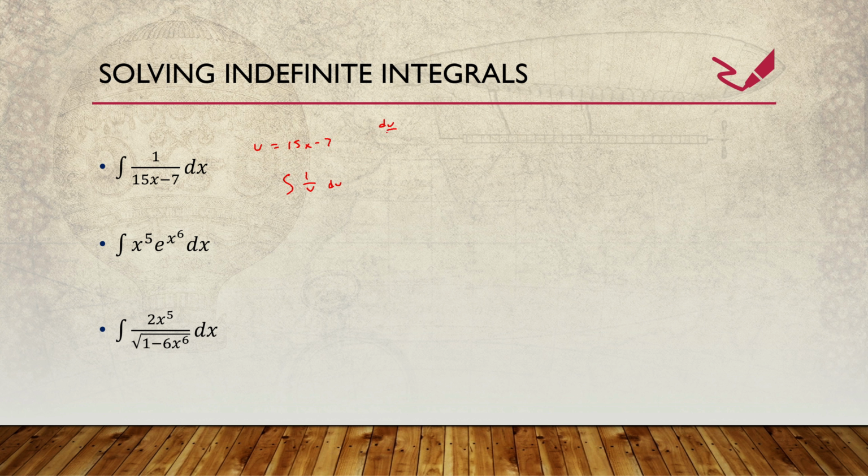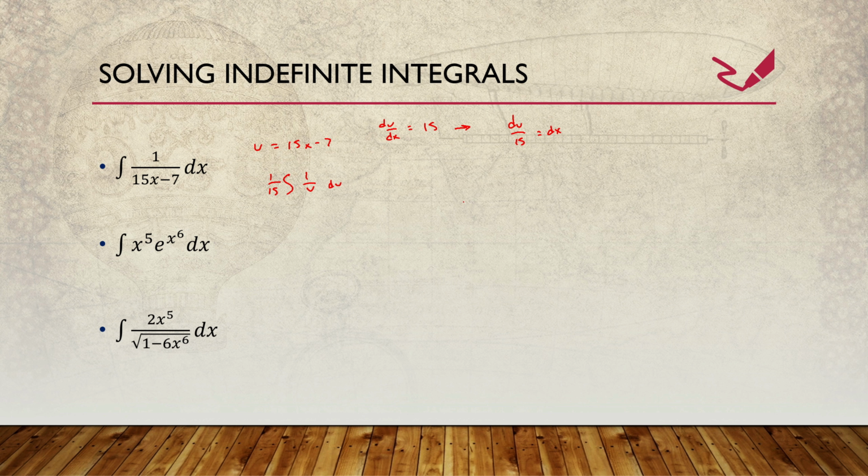So du over dx is 15. So then that makes it du over 15 equals dx. So that 1 over 15 will be out in front here because constants or any kind of constant multiples will be pulled outside of the integral. So then you will have 1 over u.